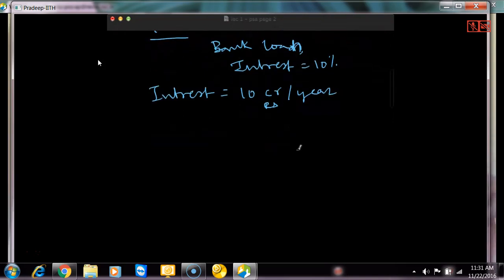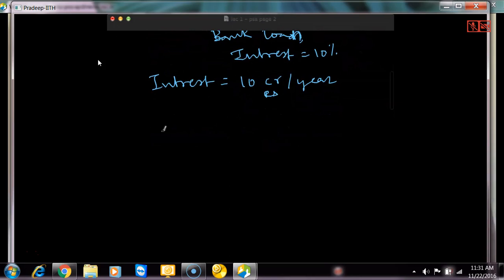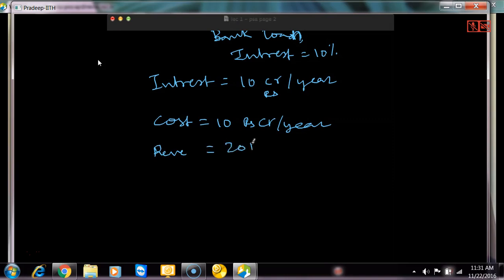Now, in the previous example, this interest is nothing but cost. The cost is 10 crore rupees per year. Whereas the revenue, we just calculate crores per year. So finally, what is the profit?